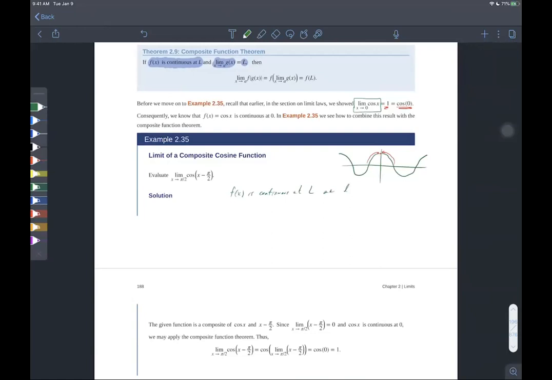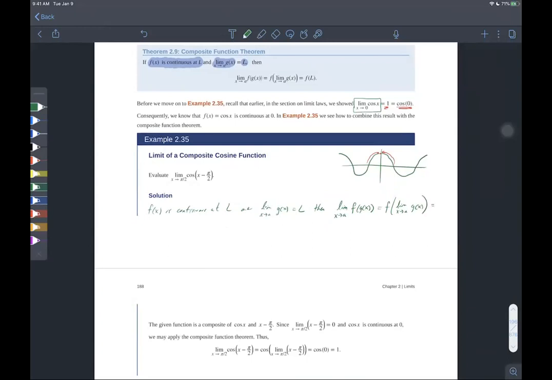And the limit as x approaches a of g of x is equal to L. If both of these conditions are met, then the limit as x approaches a of f of g of x can be computed by applying f to the limit as x approaches a of g of x.